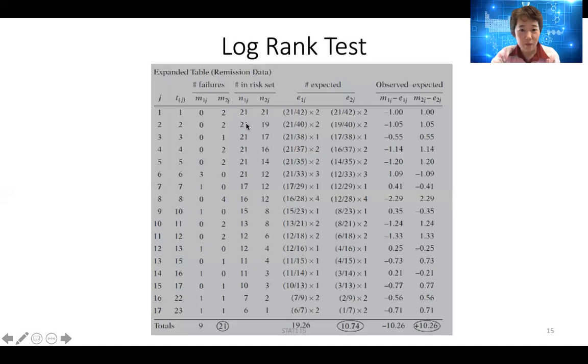Again, there are 2 death events, and you're calculating how many total patients are still available and how many are from that first group. So you can see here, in this calculation, the denominator is the total number of patients still available at this time point, and also how many patients are available in my group. This group is 12 out of 18. This is 6 out of 18.